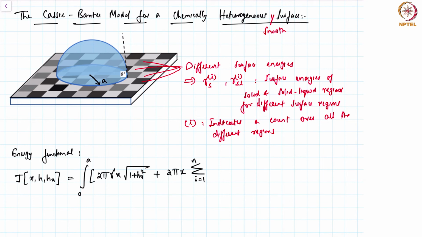In each such square, if I have a small contribution from two different surfaces, then essentially I have solid, liquid.